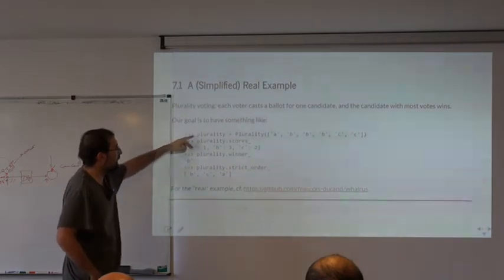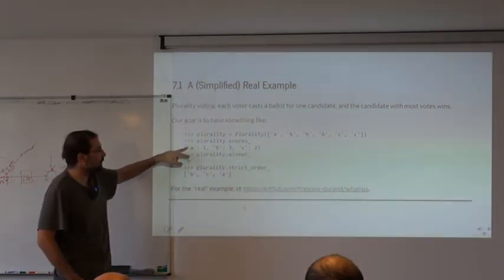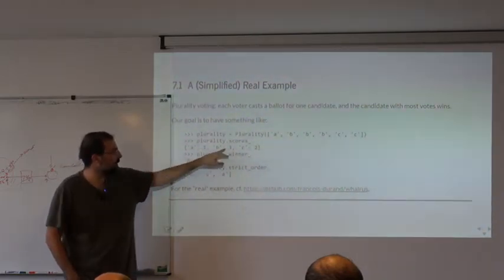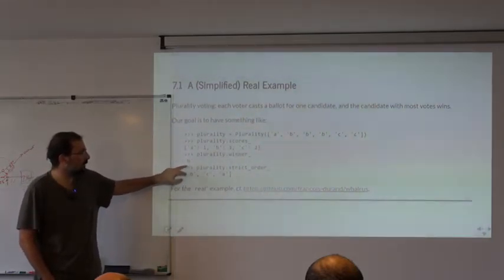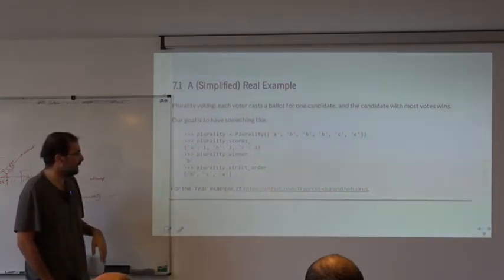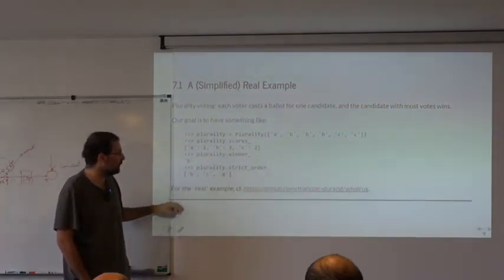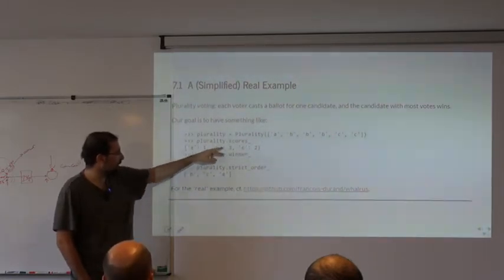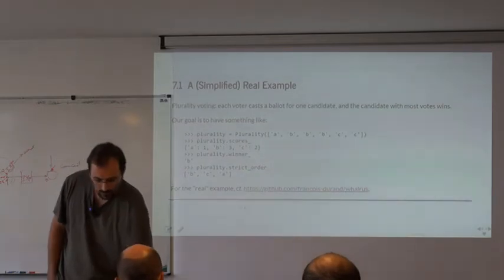And once I have applied this election, I want to be able to access the scores, for example 1 vote for A, 3 for B, and 2 for C. I want to be able to access the winner, which will be B in that case. And I would also like to be able to access the strict order. For example, here B is first, C is second, and A is third in score.